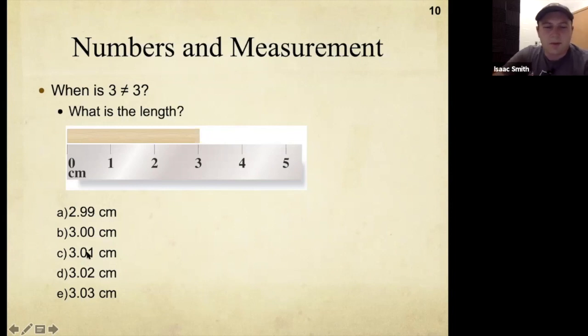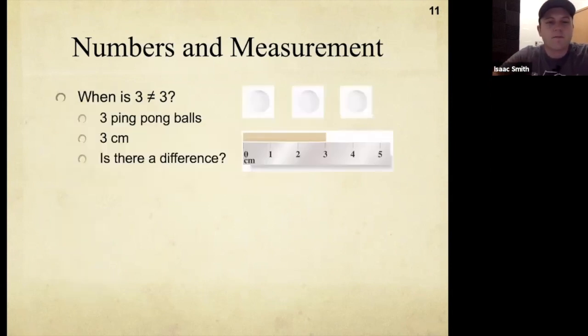So we're going to talk about how we make these measurements in chemistry, and significant figures is the term we use to describe how many digits in a given measurement we're actually confident on.